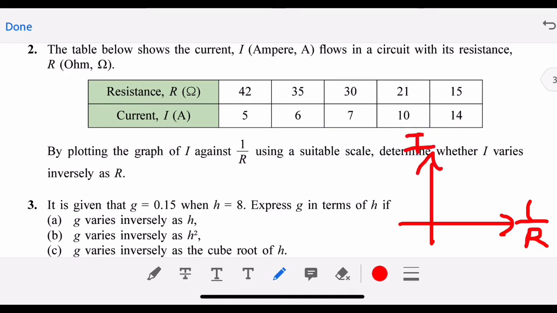So I think if you draw properly, you get a graph something like this. It's a straight line. So the graph of I against 1 over R shows a straight line. It must be a straight line.